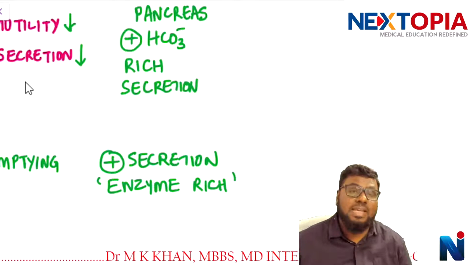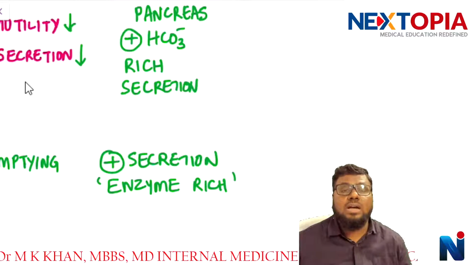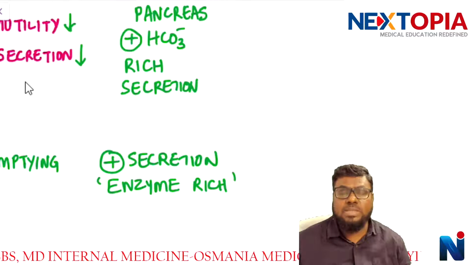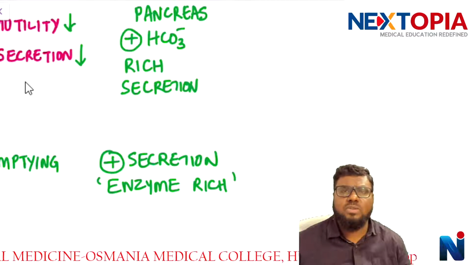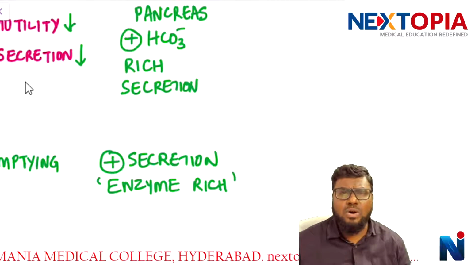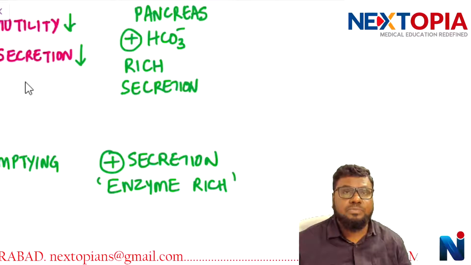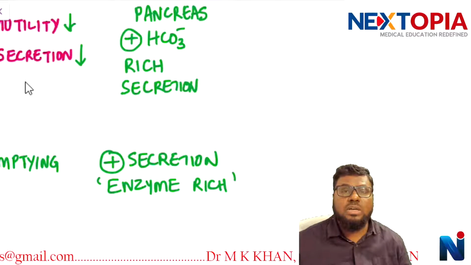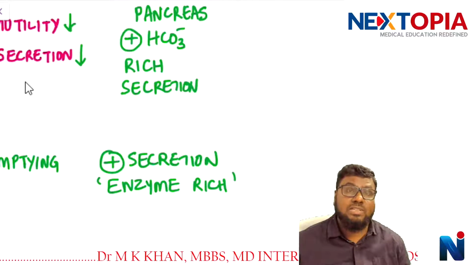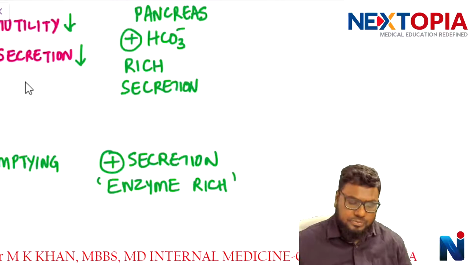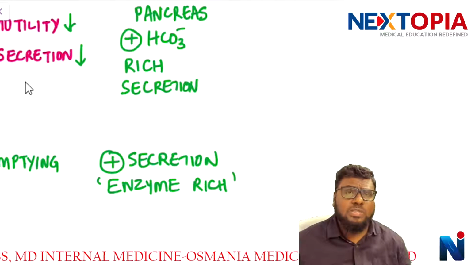Hence, a person with pancreatitis, we advise him not to take anything by mouth. A person who has an abnormal pancreas because of inflammation or infection, alcohol or something like that, we ask him not to take anything by mouth. The reason is we don't want the secretions of the pancreas to increase. Because what is the complication of pancreatitis?